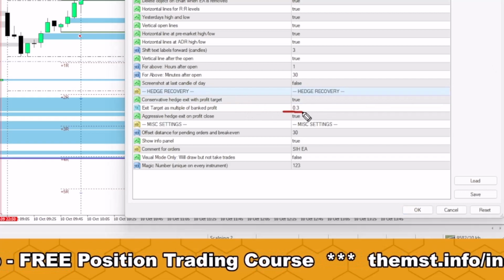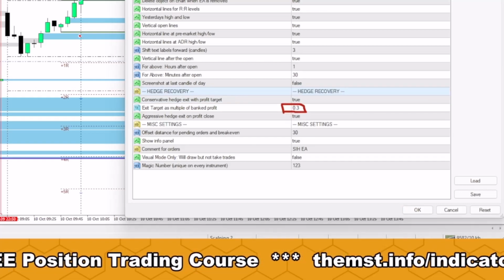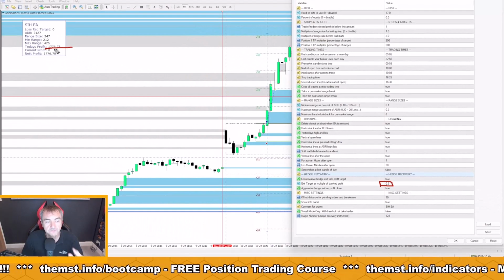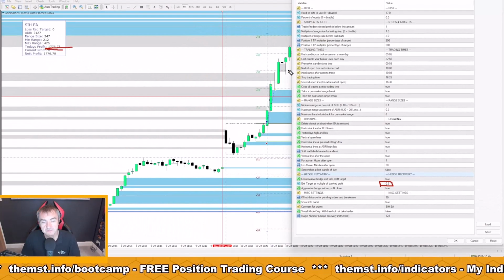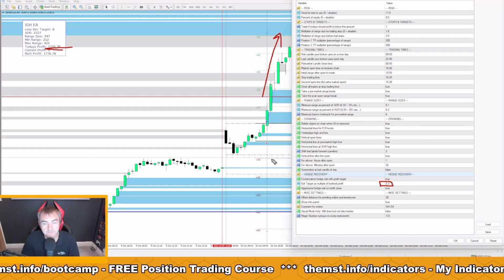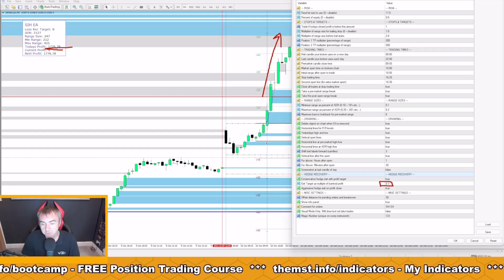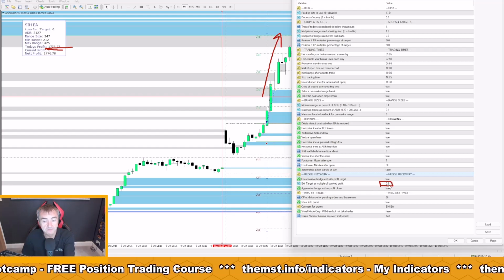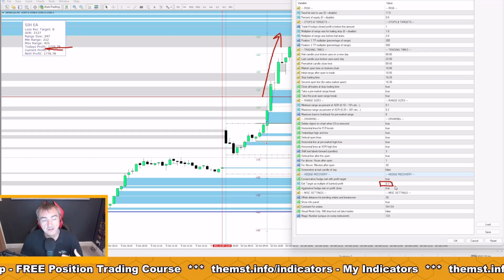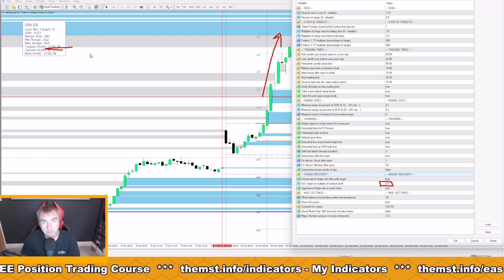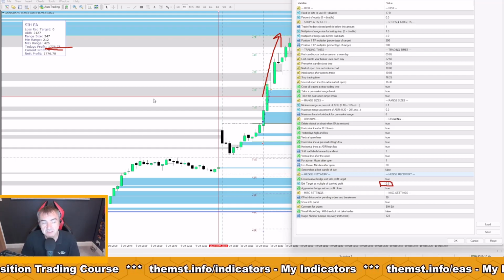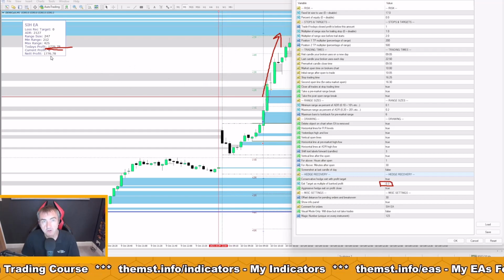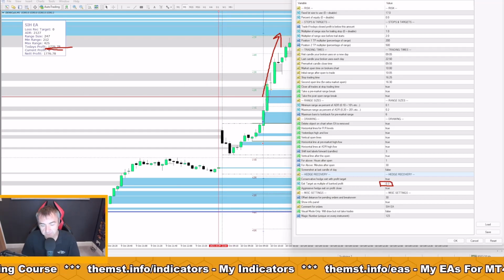it will try to achieve a percentage of your banked profit. Say, for example, we closed out 1,776 in profit. What the EA will do is look for, in this case, because I've set it to 0.3, 30% of that profit. It will look to see if we can achieve a net profit of 30% of that to exit our position.